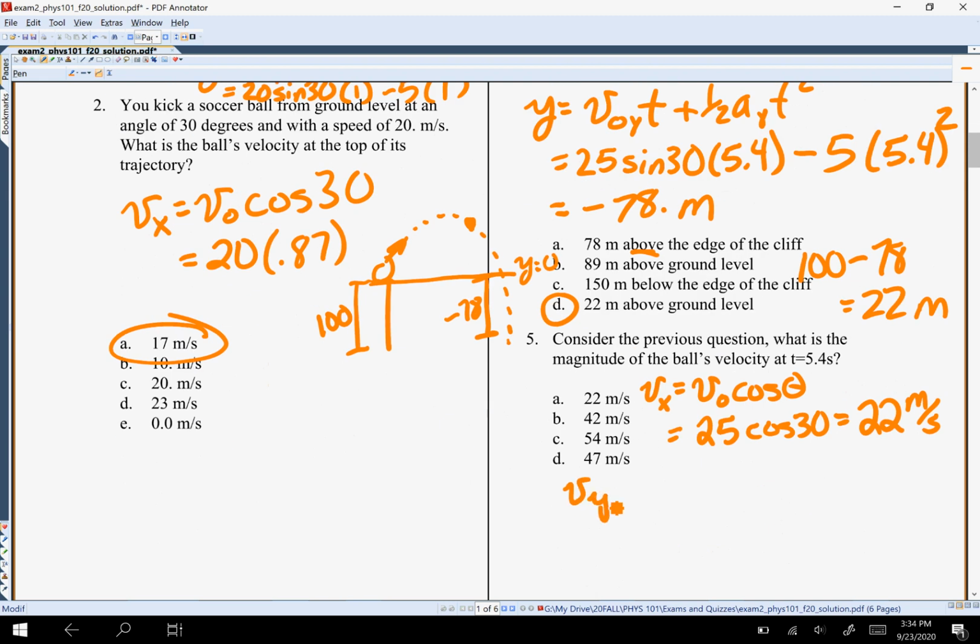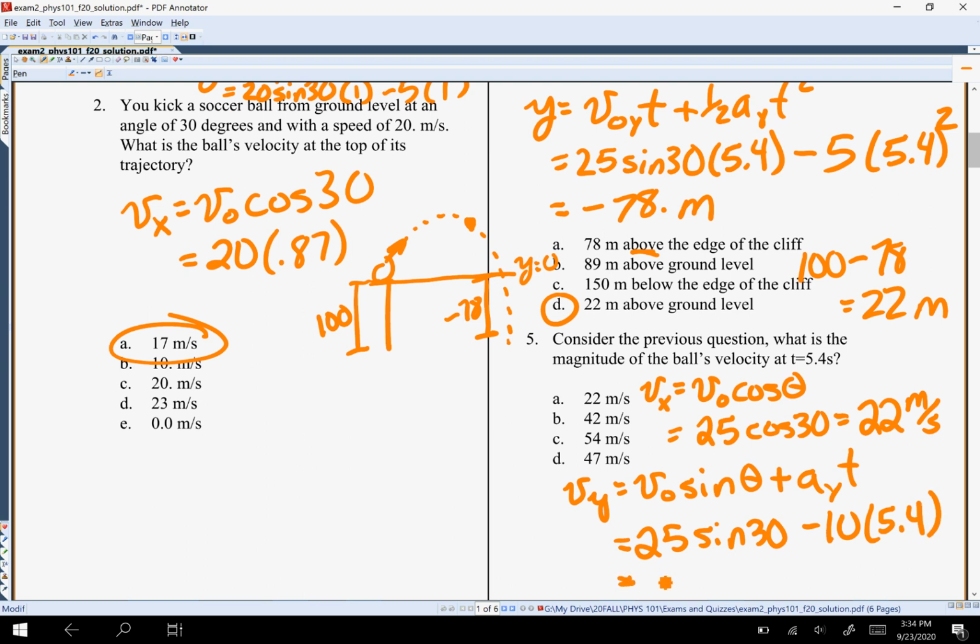And then Vy is equal to V naught sine of theta, that's V naught y, plus a y t, which is going to be 25 sine of 30 minus 10 times 5.4. So this is going to be 12.5 minus 54. I'll do 13 minus 54 is minus 41 meters per second.